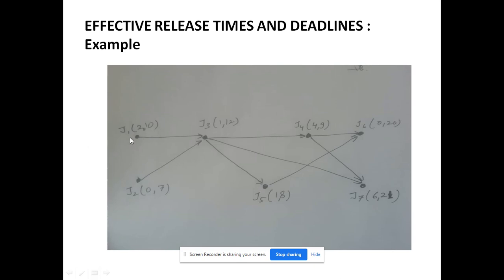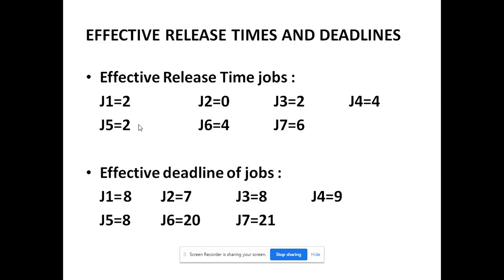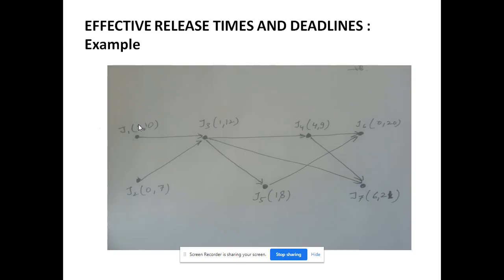So start with the job J1. This is how we calculate the effective release time of a job. For J1 and J2, because J1 and J2 have no predecessors, their effective release times are their given release times.